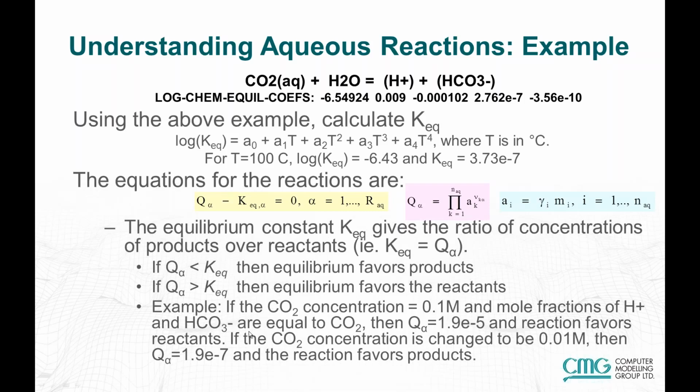So there's excess CO2 in the system, and a lot of it stays as CO2. However, if the CO2 concentration is now changed to be 0.01 molality, then the calculated Q is 1.9E minus 7, which is now less than K_eq, and now the reaction favors the products, and our H plus HCO3, our carbonic acid, is created.